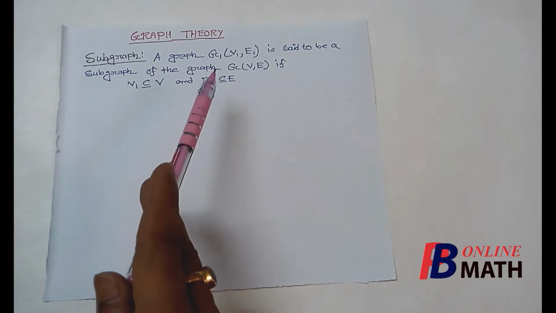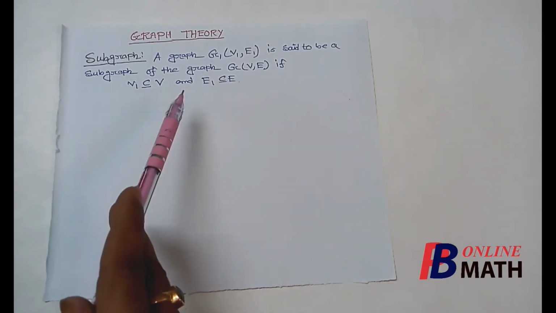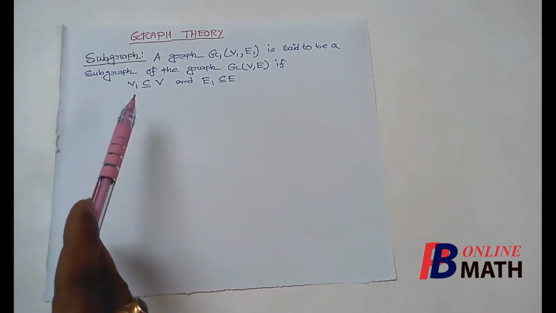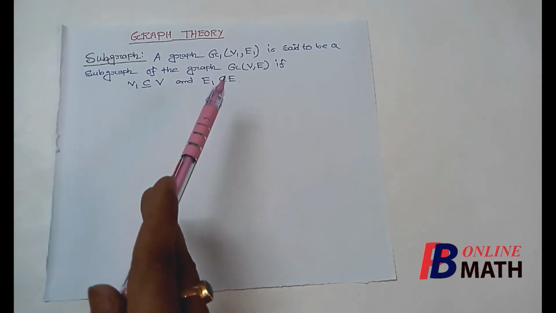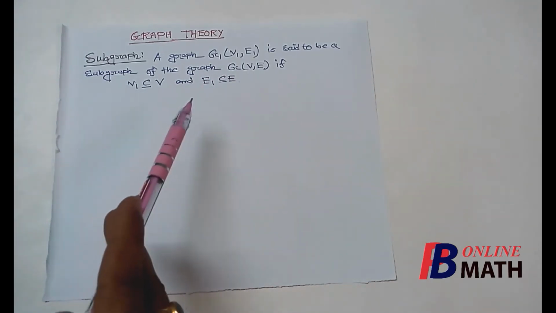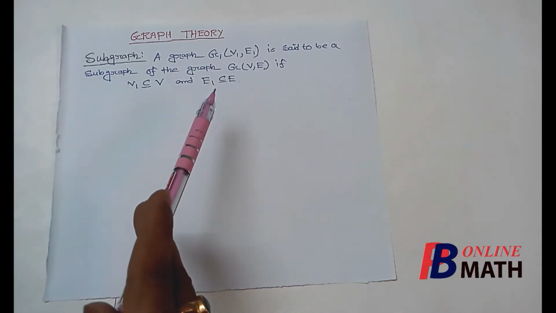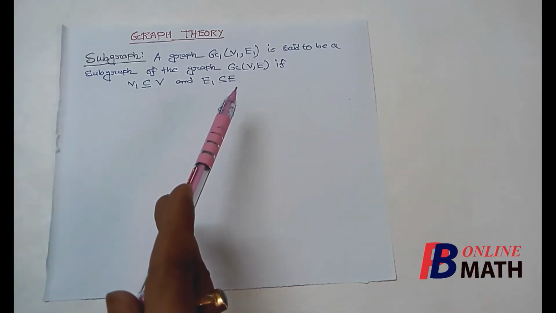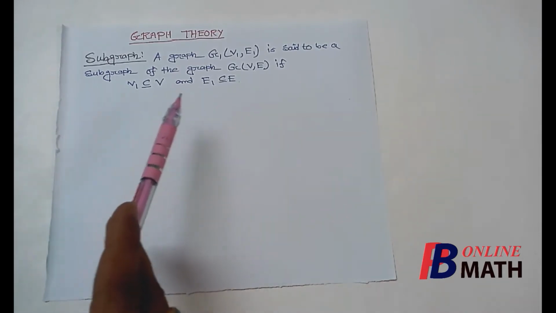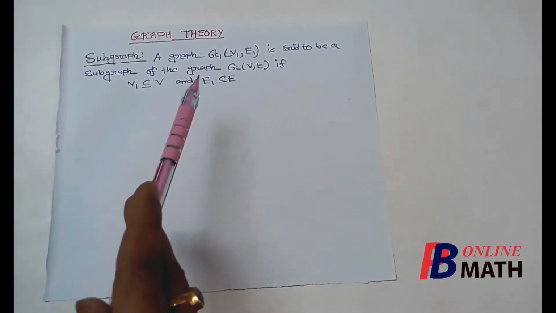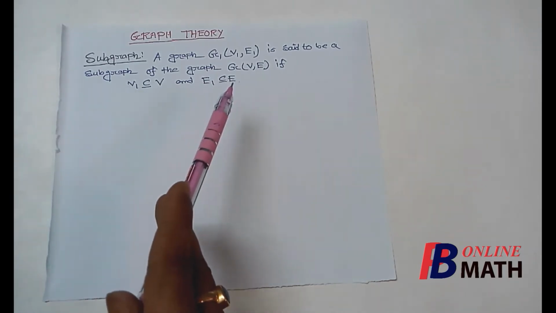So this graph G1 is said to be a subgraph of this graph G if the set of vertices of G1 is a subset of the set of vertices of G, and also the set of edges of G1 is a subset of the set of edges of G. If these two conditions are satisfied, then the graph G1 is called a subgraph of the graph G.